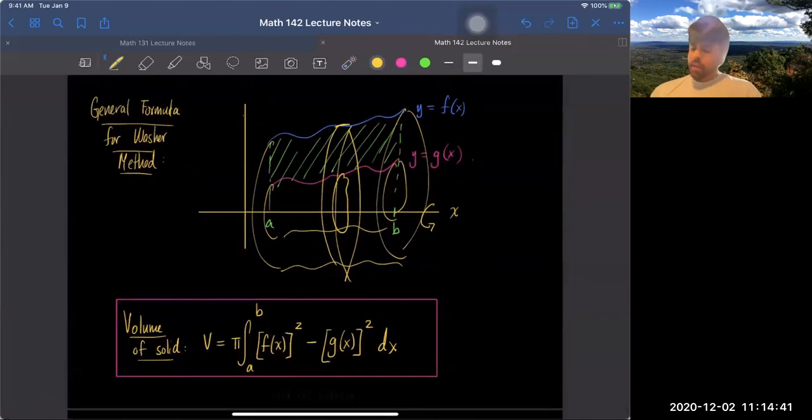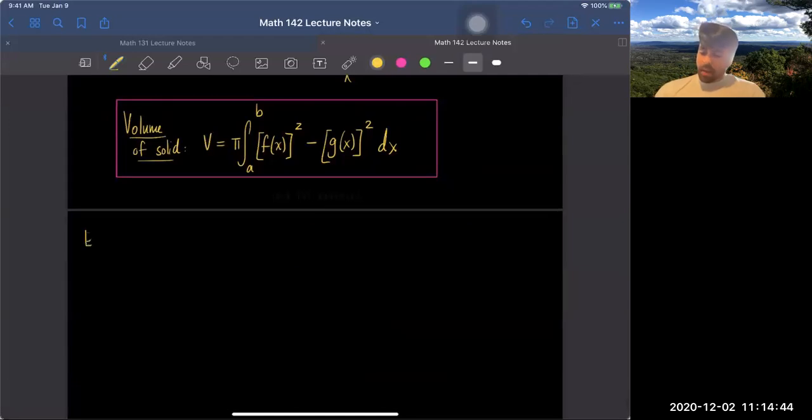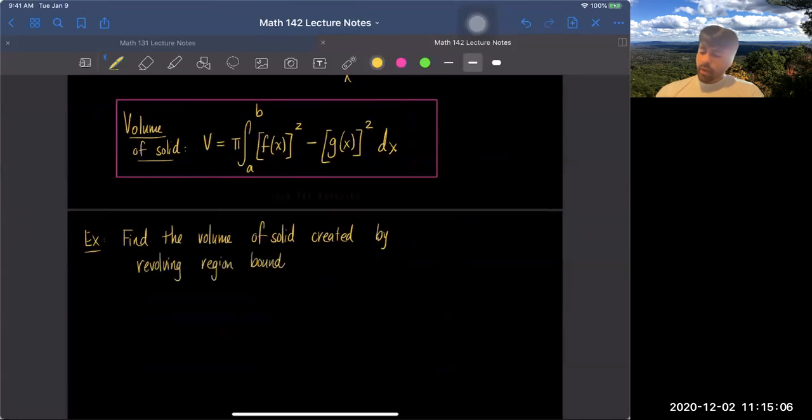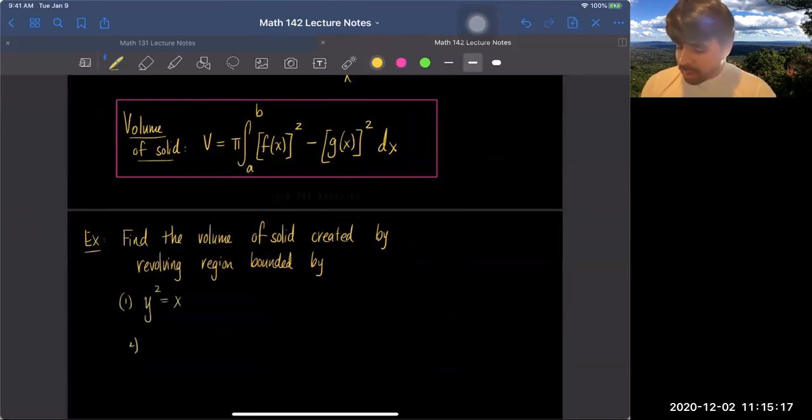Now, what if I get something like this? I want to find the volume of the solid created by revolving the region bounded by y squared equals x and x equals 2y.